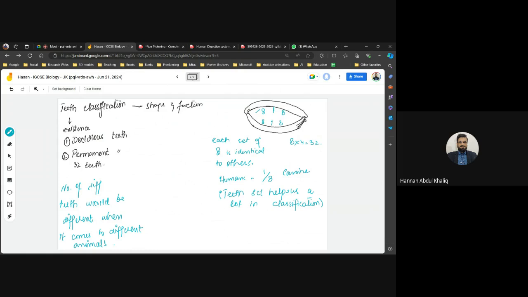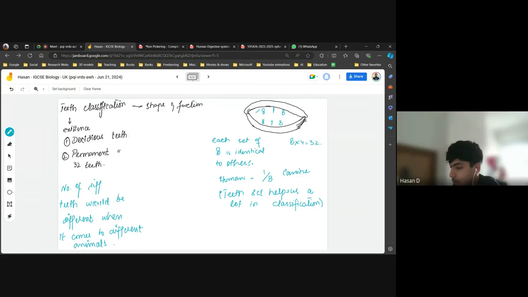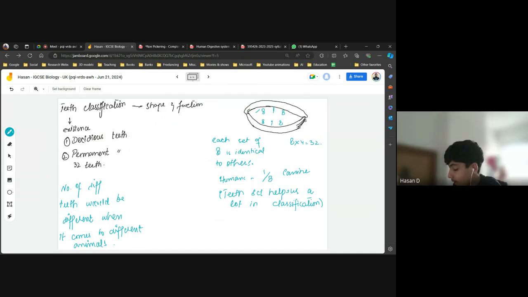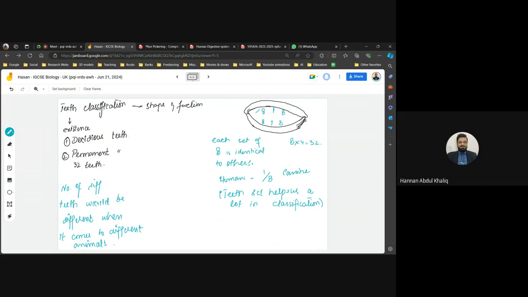Why don't they need it? Because the canine is usually used for meat, and cattle don't have that in their diet. So the canines are basically absent in the skull of the cattle.